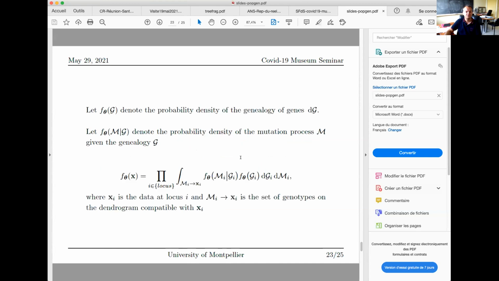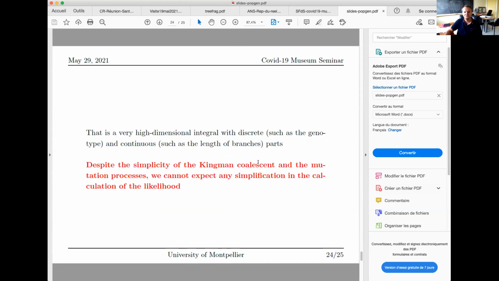And the reason why is because this integral is a very high dimensional integral with discrete and continuous parts. And despite its very simplicity, the Kingman coalescent and the mutation process, we cannot expect any simplification in the calculation of what we call the likelihood, the probability of what we observe.